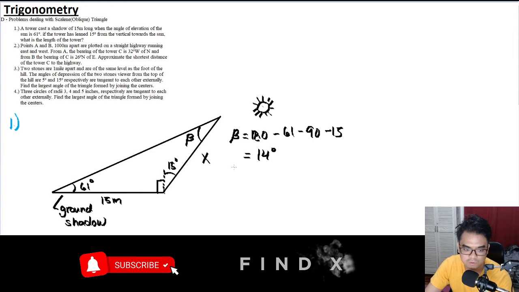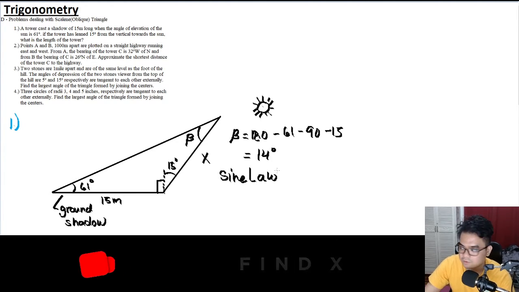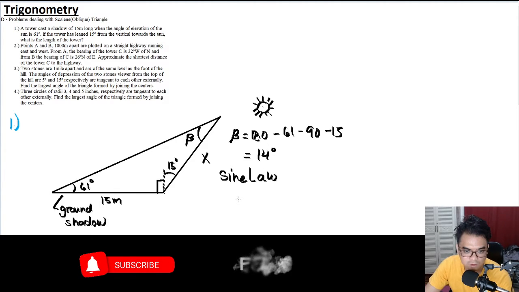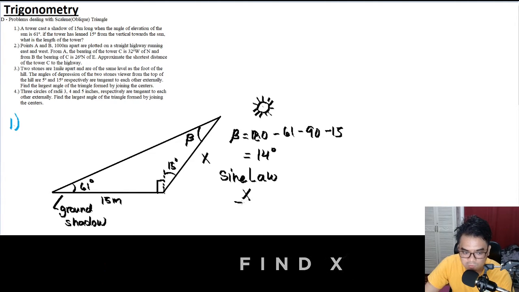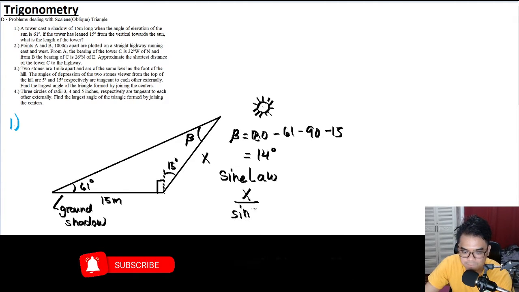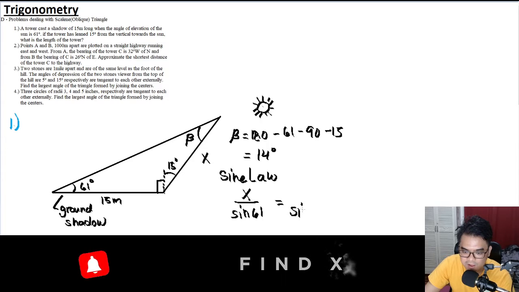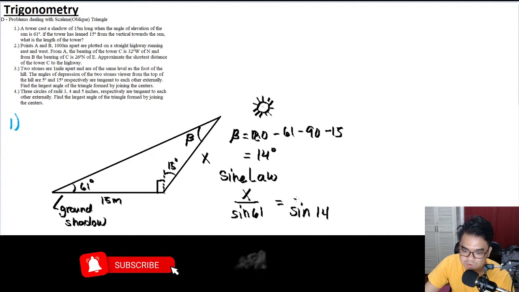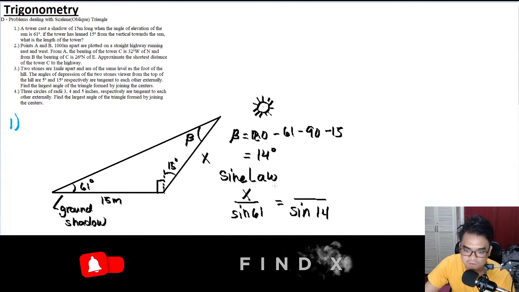With that we can just use sine law. Using sine law, the opposite angle and the opposite side, that will become x over sine 61 equals 15 over sine beta, or 14, where the opposite side is 15.